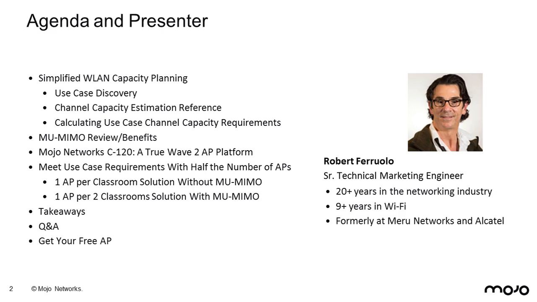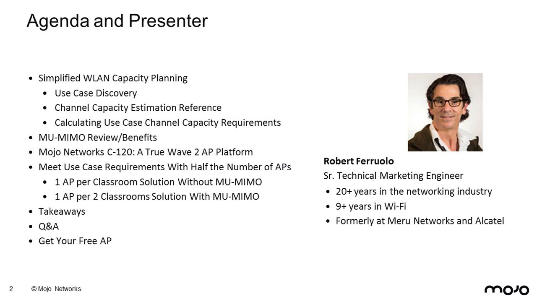We're also going to introduce the C120, which we announced earlier in the month at NRF. That's a Wave 2 platform, our first Wave 2 platform. We'll talk about that just briefly. And then we'll have time for some Q&A towards the end and talk about how you can get the free access point.